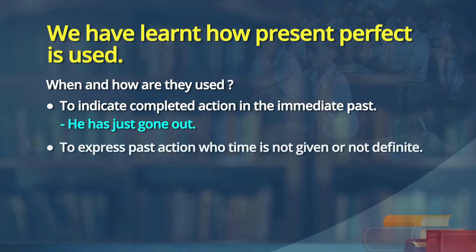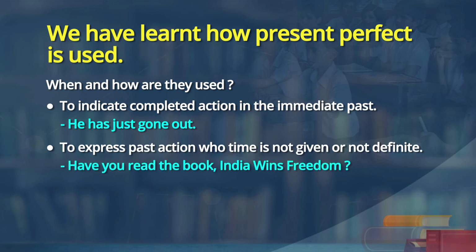Okay. Second occasion. To express past action whose time is not given or not definite. What is the example? Have you read the book India Wins Freedom? Fine. I have met him. Okay. So, someone asks you, do you know him? Yeah, I have met him. You may have met him long ago also and just now.